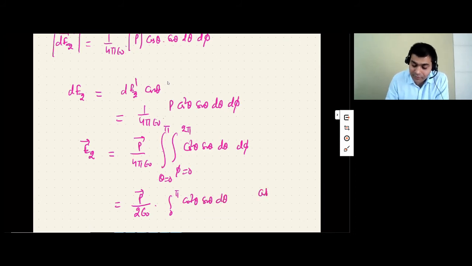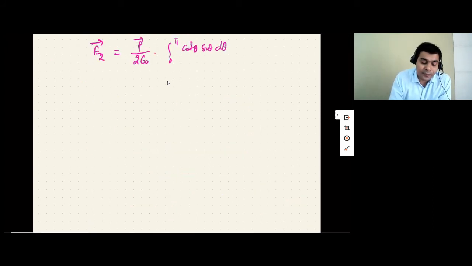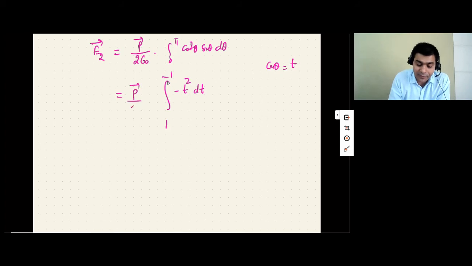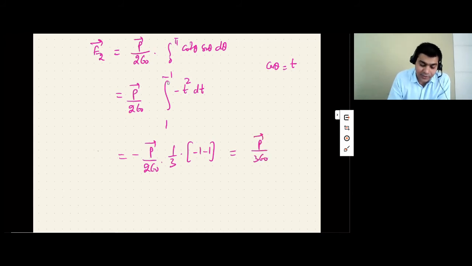Let me put cos theta to be t, so minus sine theta d theta will be dt. It will be t squared times minus dt, and since cos theta equals t, the limit will be 1 to minus 1, with P upon 2 epsilon naught. If I integrate, minus P upon 2 epsilon naught times 1 over 3 t cubed from 1 to minus 1, that is P over 3 epsilon naught. So my E2 is P over 3 epsilon naught.